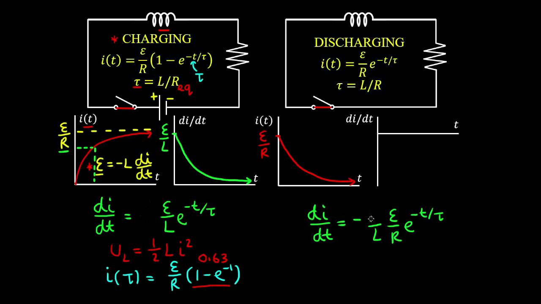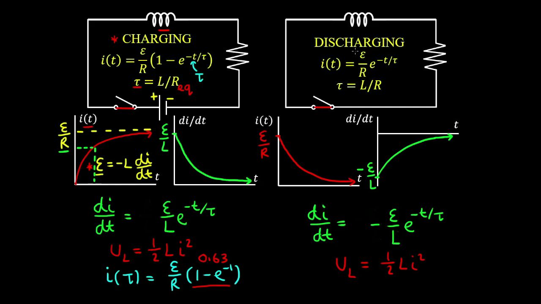So the R's cancel, and we get minus epsilon on L. So initially, the change in current is minus epsilon on L, and it gradually increases and asymptotes to 0. So essentially in this case, the energy stored in the magnetic field of the inductor is decreasing.